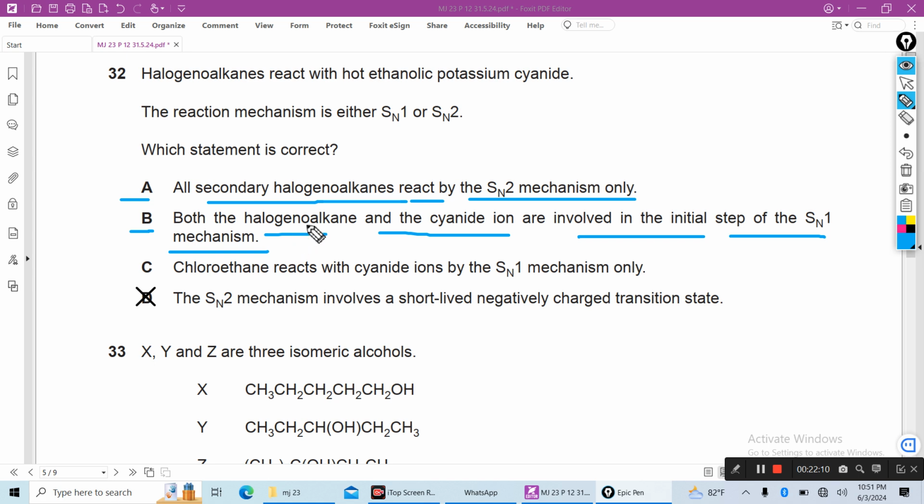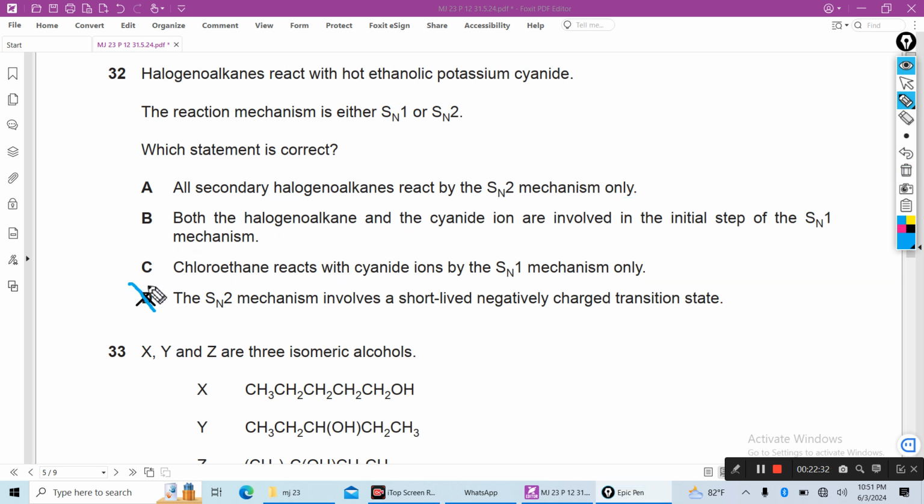No, only the halogenoalkane is involved. So this is wrong. Chloroethane reacts with cyanide ion by an SN1 mechanism only. No, chloroethane reacts by the SN2 mechanism, because chloroethane is a primary haloalkane. So D is the right answer.